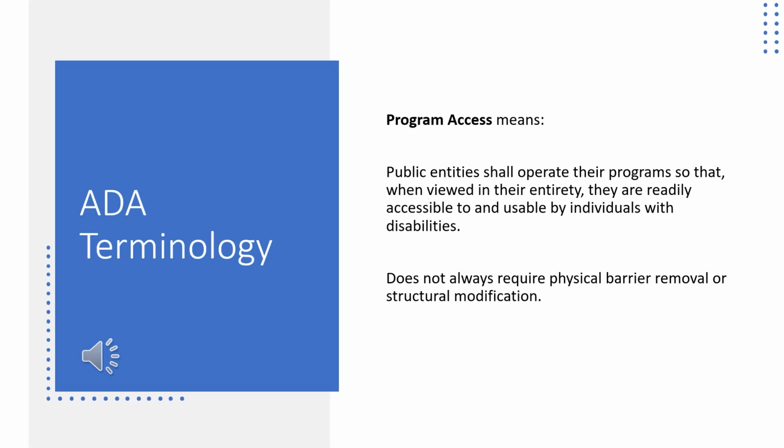And so, for example, a public building, not every entrance to that building must be ADA accessible, but the programs that are operated out of that building, when viewed in their entirety, must be accessible by individuals with disabilities. Program access is achievable sometimes without physical barrier removal or structural modification.